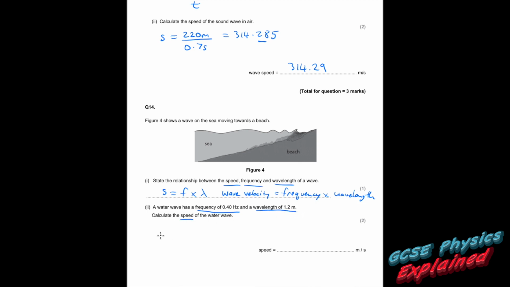Calculate the speed. Free marks. So speed equals frequency times by wavelength. So that's 0.40 Hertz times by 1.2 metres. And that equals 0.48 metres per second.